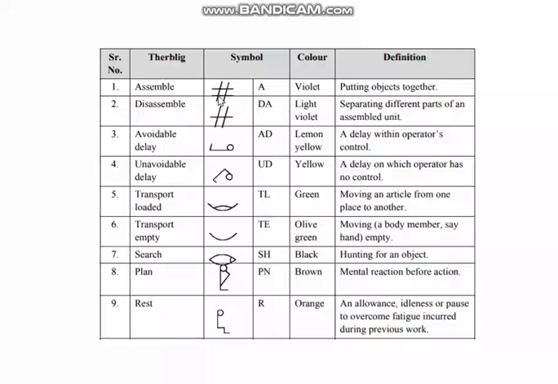This is the symbol, and it is represented by a letter A for assemble, and its color is violet. You see, what is assembling? Assembling means putting objects together, like if you are assembling nut and bolt.